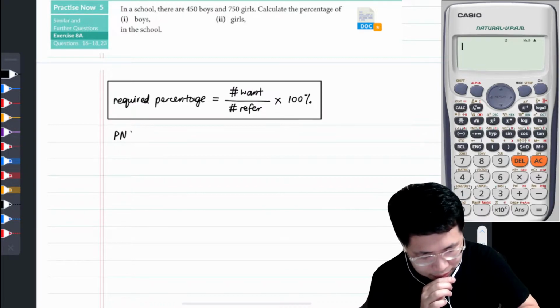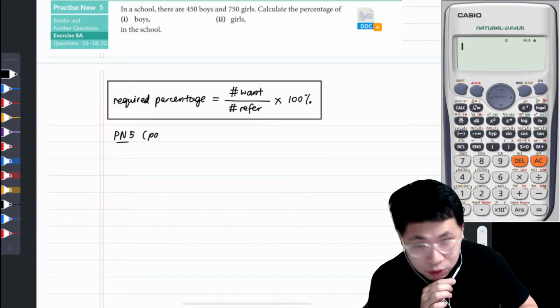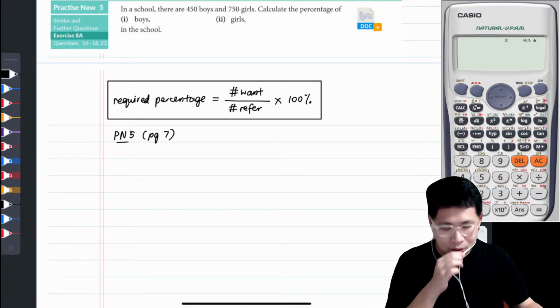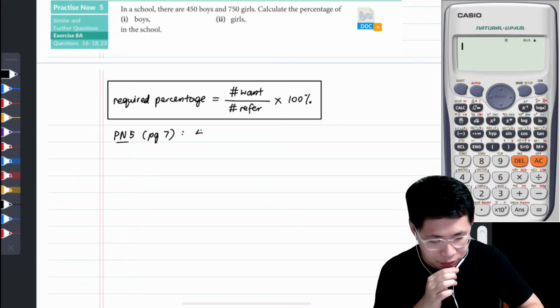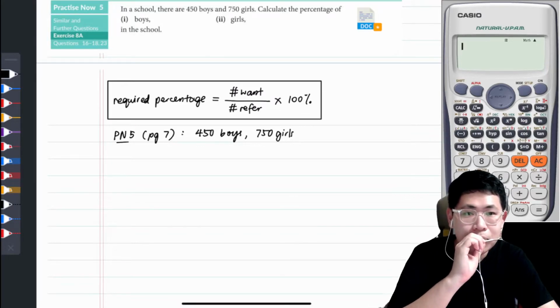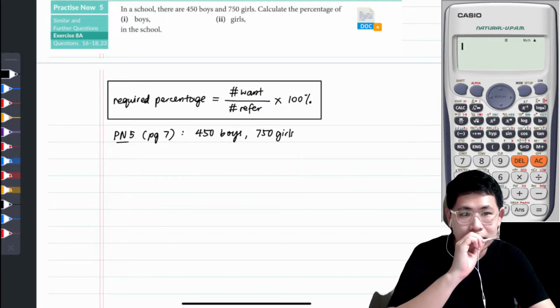So let's look at practice now 5 on page 7. In a school there are 450 boys and 750 girls. Calculate the percentage of boys and girls in the school.